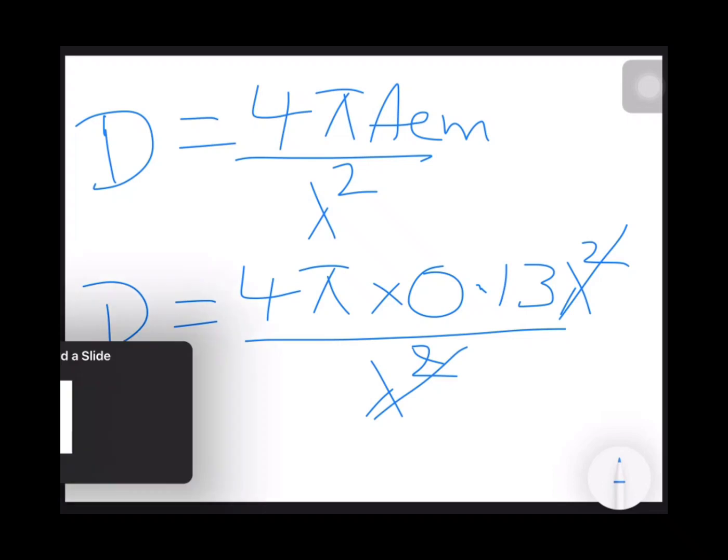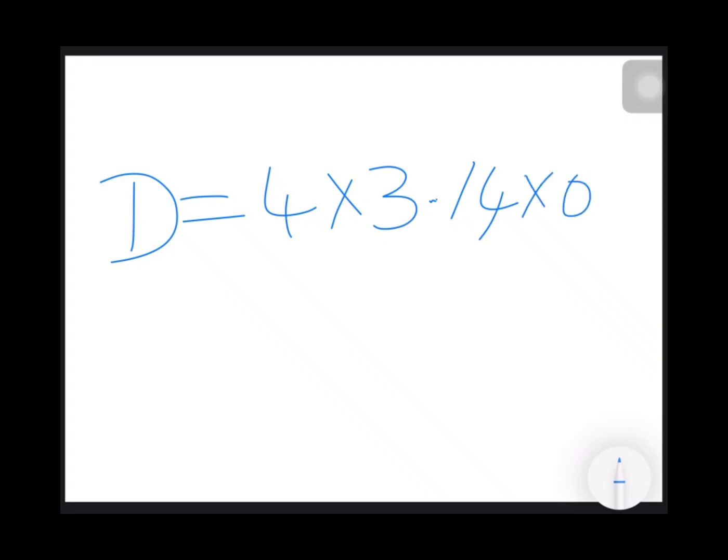Next, D is equal to 4 into 3.14 into 0.13. Now this will result as 1.64.